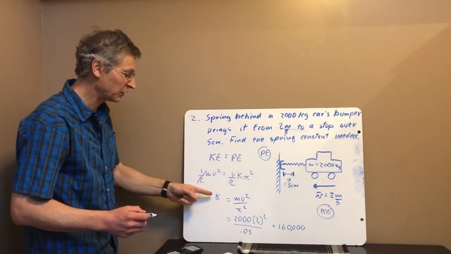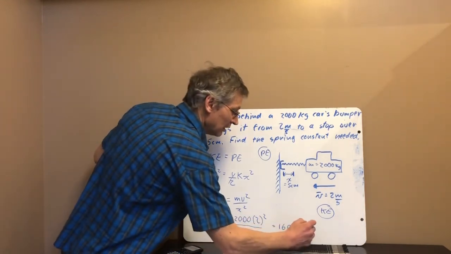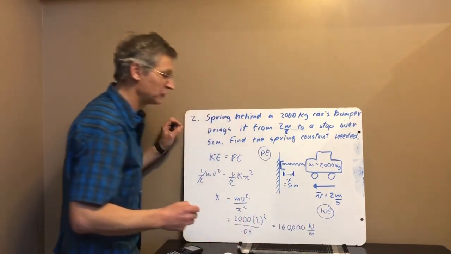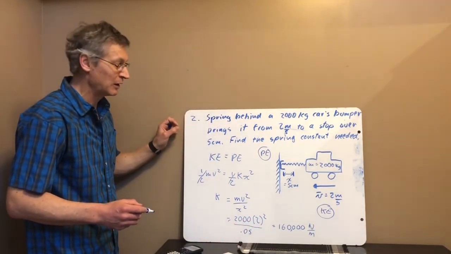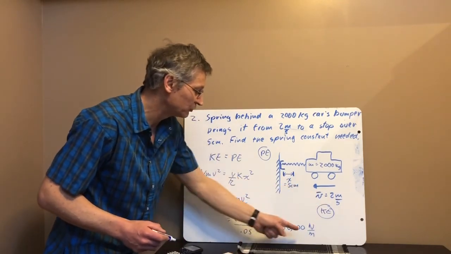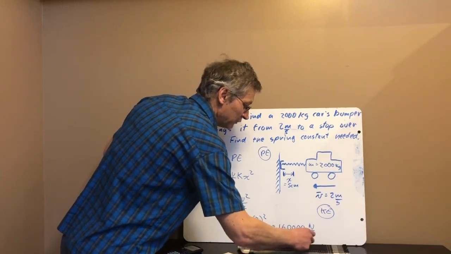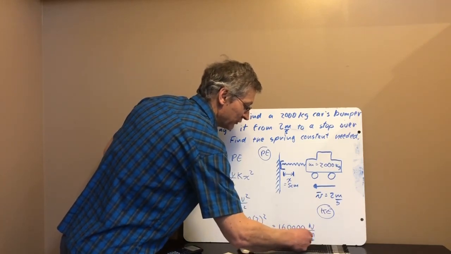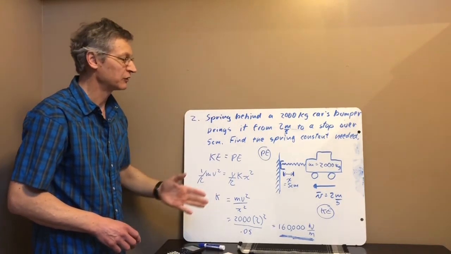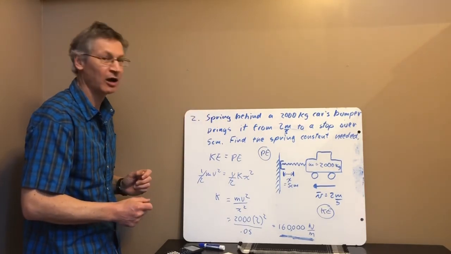You're talking a spring constant, so it's going to be 160,000 newtons per meter. Remember, we changed this to meters, so it's going to be newtons per meter, which is, of course, a pretty stiff spring, right? Actually, a very stiff spring. And it makes sense if you're going to stop a 2,000 kilogram automobile in like 5 centimeters of distance.